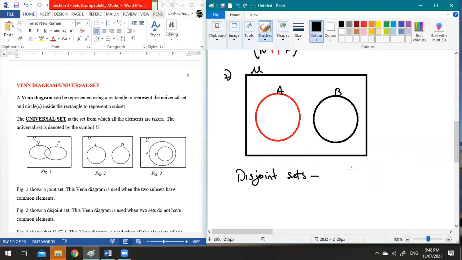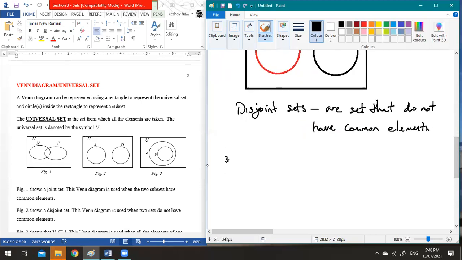And what are disjoint sets? Disjoint sets are sets that do not have common elements. So if you have two sets and they have nothing in common, you just draw them separate from each other.